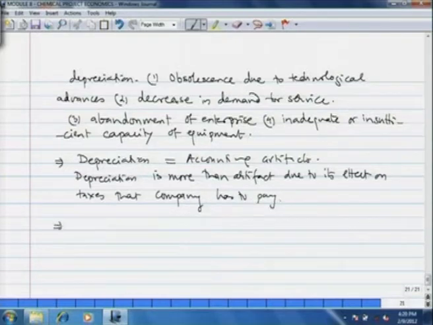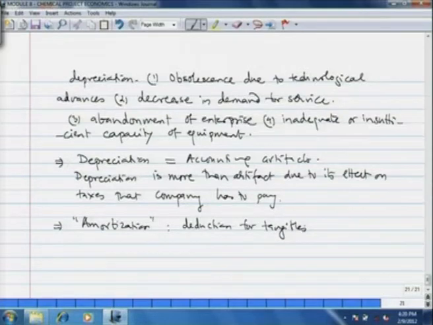Now, in some cases, amortization is the word that is used in case of depreciation. Amortization means deduction for tangibles with limited useful life.